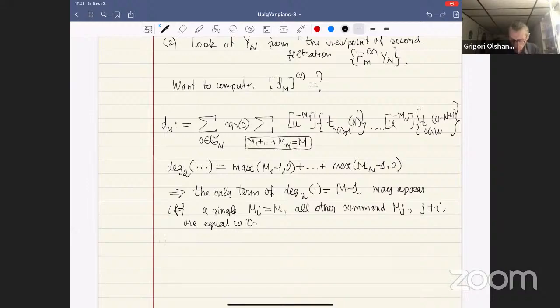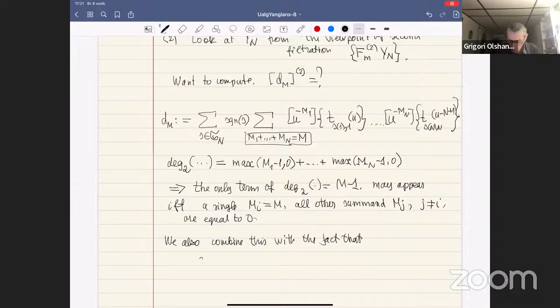But next we also combine this with the fact that the constant term in each generating series is a Kronecker delta.